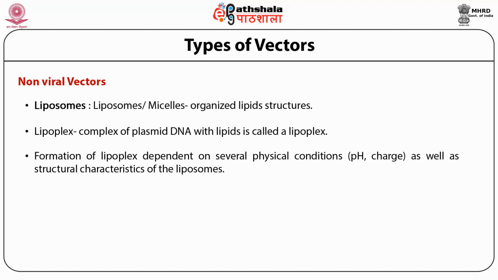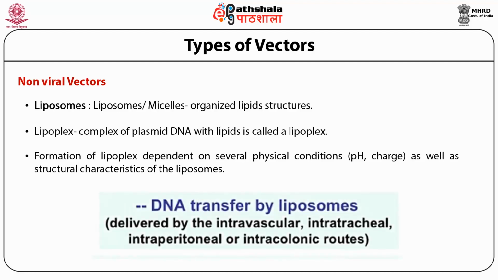These liposomes enclosing DNA can be transferred into cells by intravascular, intratracheal, intraperitoneal or intracolonic routes. So basically liposomes are synthetic vectors which have been designed to deliver non-viral DNA into the cells without degradation.